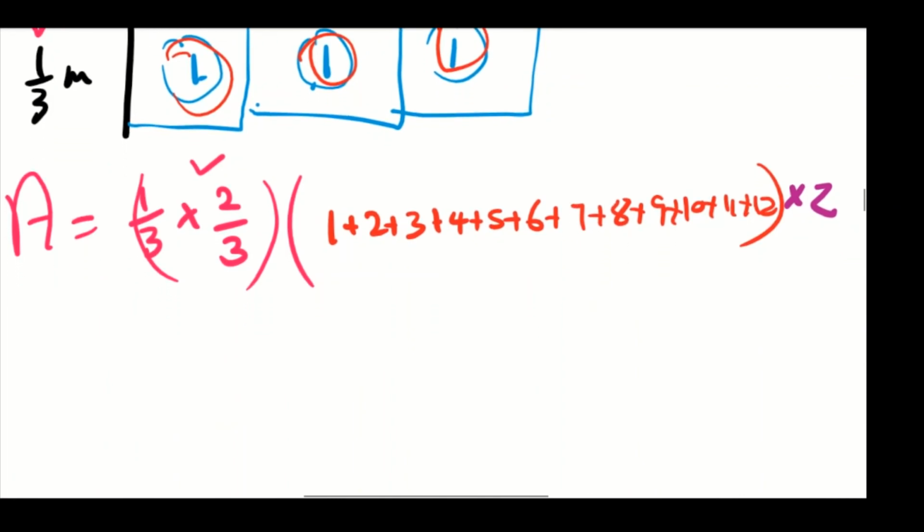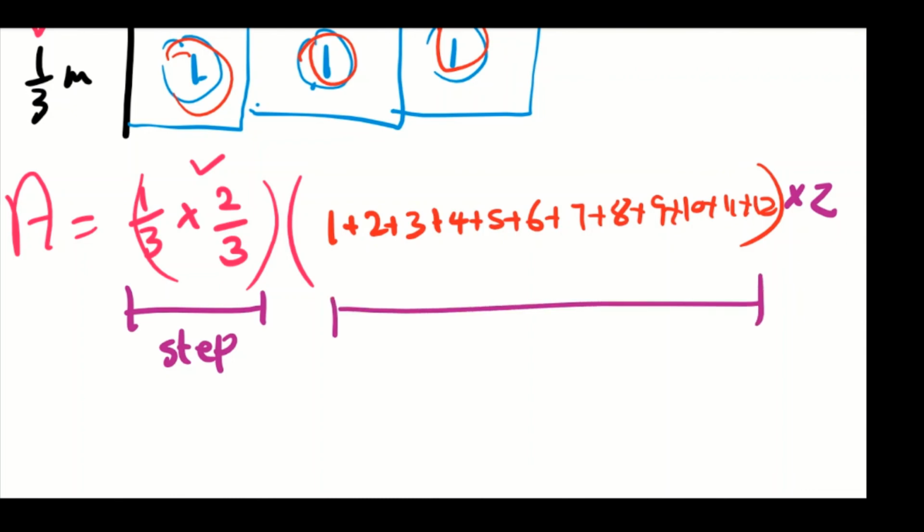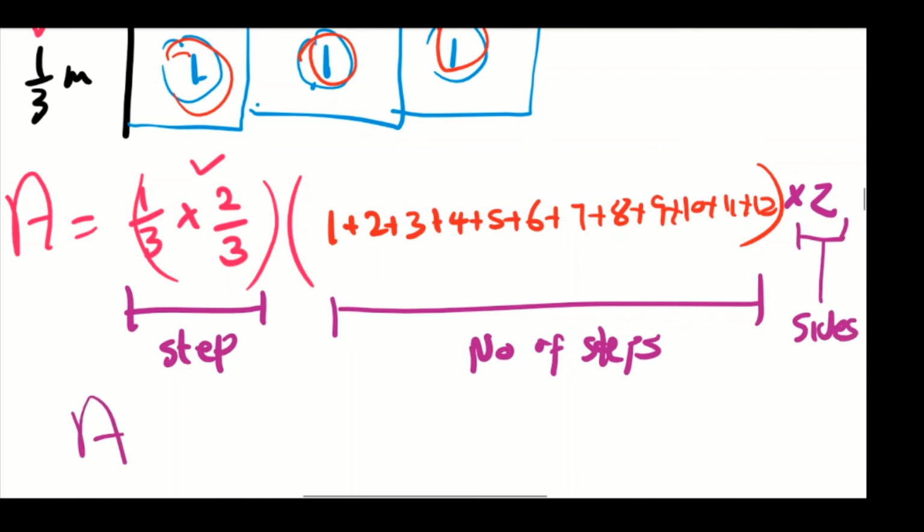So this is for our step, and then this is for the number of steps that we have, and this stands for the sides, right?